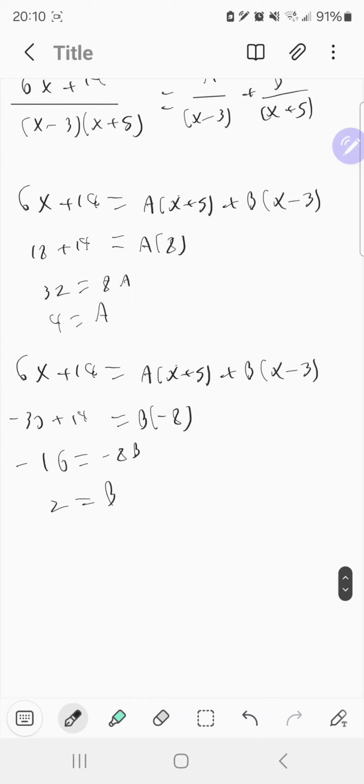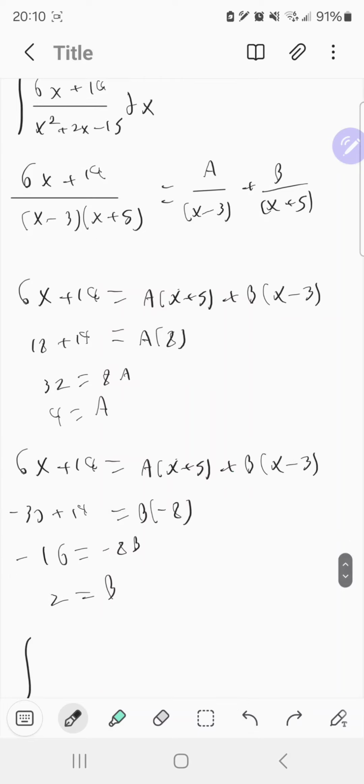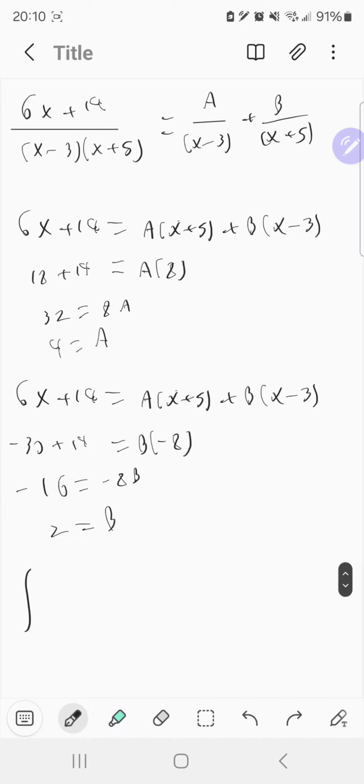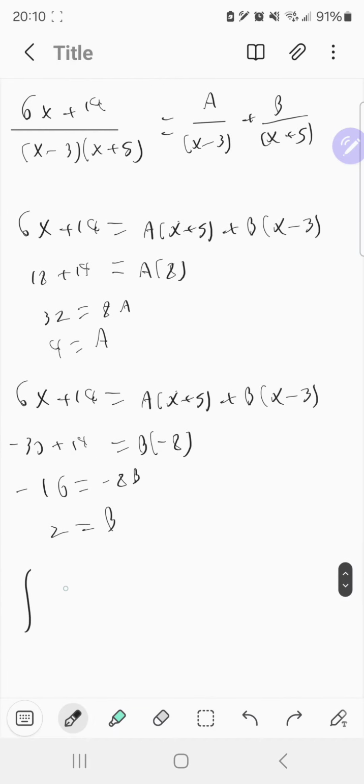So, now we have A is equal to 4 and B is equal to 2. Well then for our integral we can plug in 4 over (x - 3) plus 2 over (x + 5).